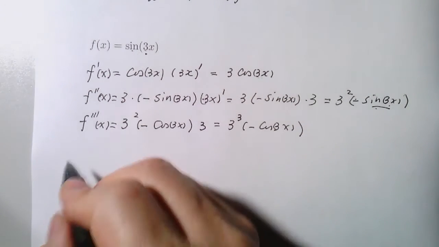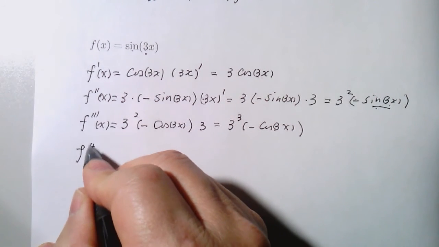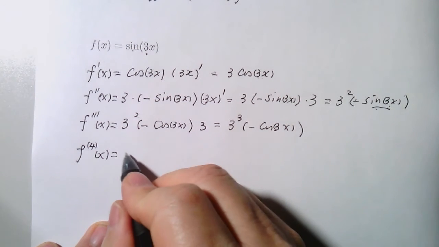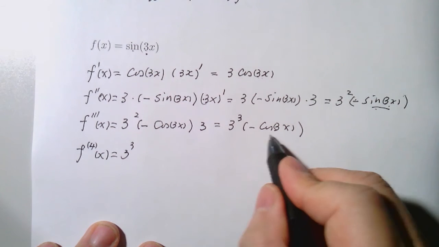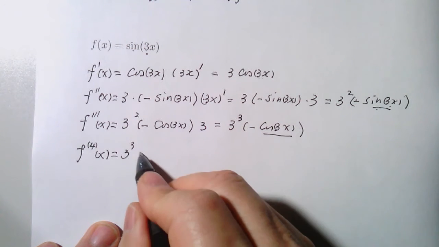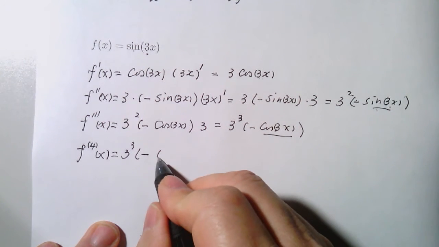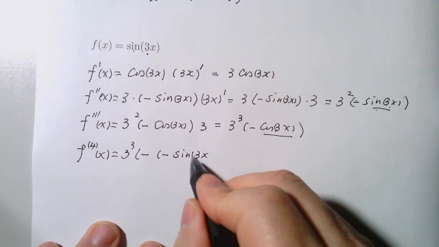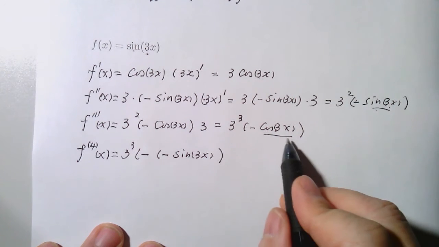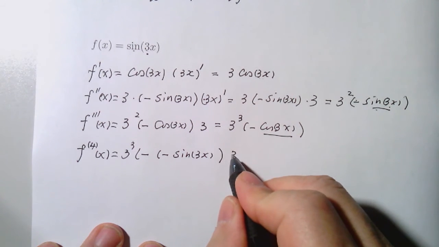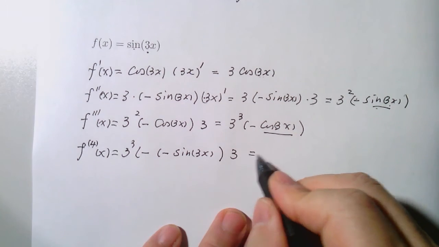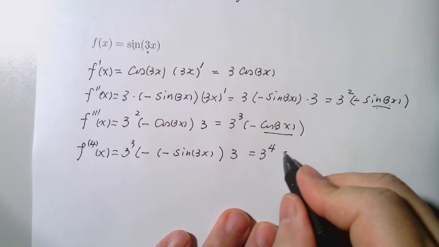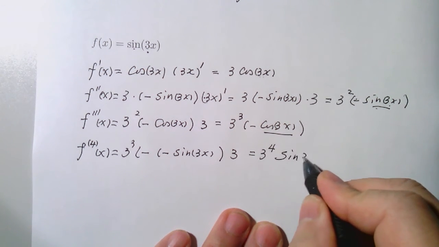And the fourth: I have 3 cubed cosine, take the derivative, which is negative sine. Again, the 3x derivative gives another 3, so you have 3 to the fourth. Now you can see that becomes a positive sine 3x.